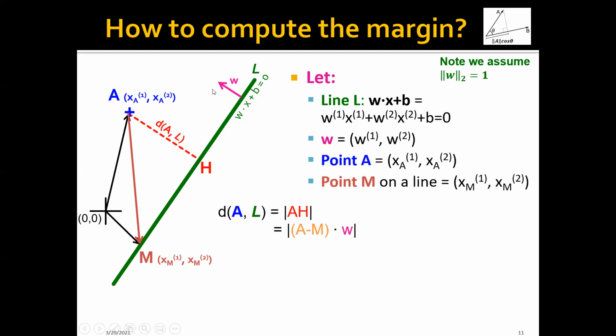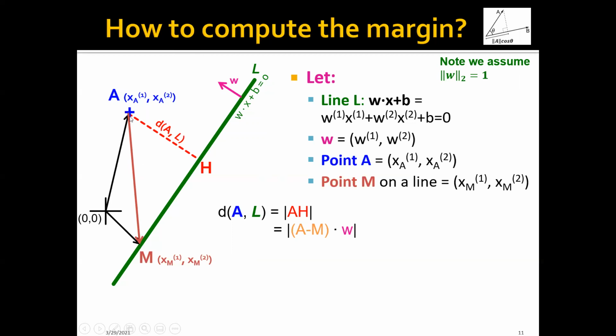And as you can see from the previous slides, if you want to compute the distance between A and this line, you can just compute the length of the inner product, or dot product, between the vector AM and the unit vector W here.